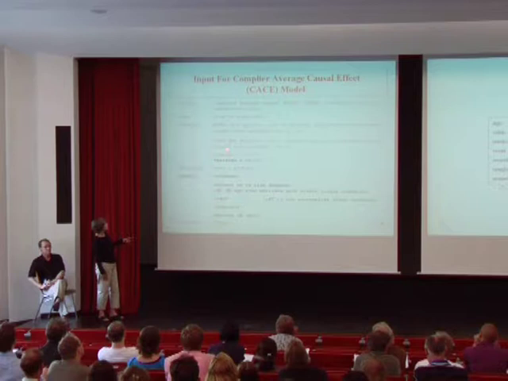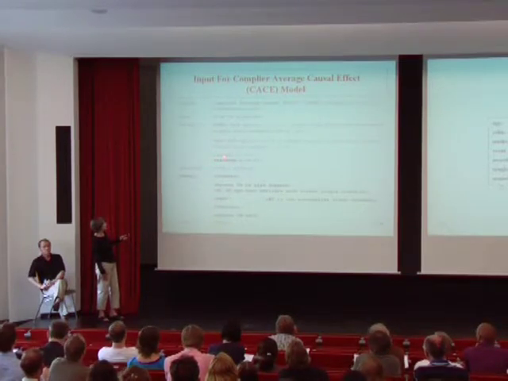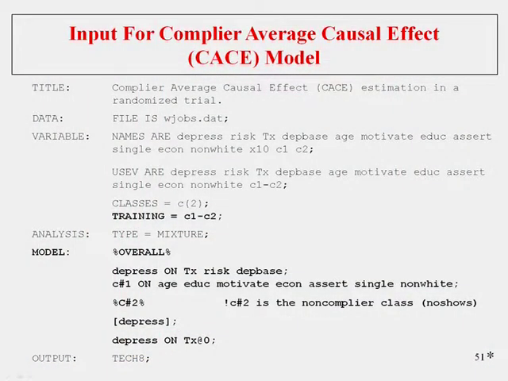The options that are important here for the mixture modeling are the classes option. And here we use the classes option to name the categorical dependent variable. So the observed variables get their names from the names option. But for latent variables, we use the by option in the model command to give names to continuous latent variables, but we use the classes option in the variable command to give a name, C. C is the name of the categorical latent variable.